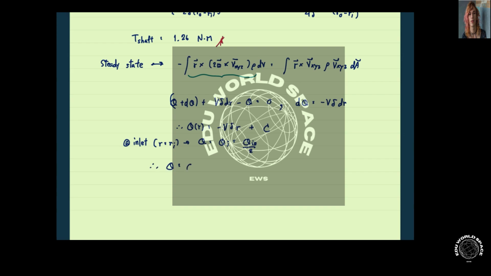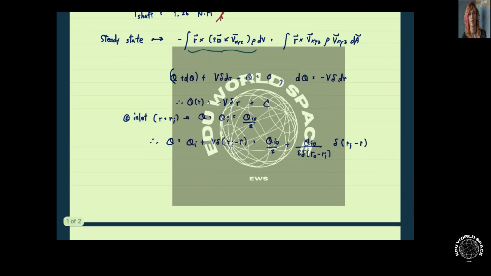So Q will be Qi plus V del times Ri minus R, that is Q in over 2 plus Q in over 2 rho 2 del R0 minus Ri times del Ri minus R. So Q will be Q in over 2 times R0 minus R divided by R0 minus Ri.